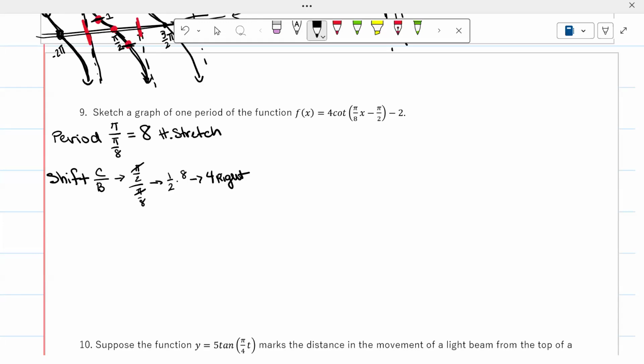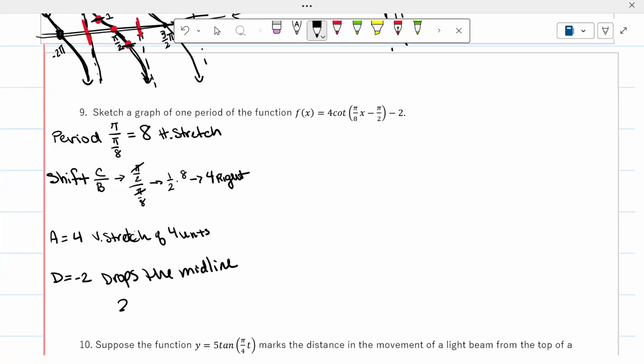There is an A value of 4, which means we have a vertical stretch of 4 units. And then we have a D value of -2, which drops the midline 2 units down.